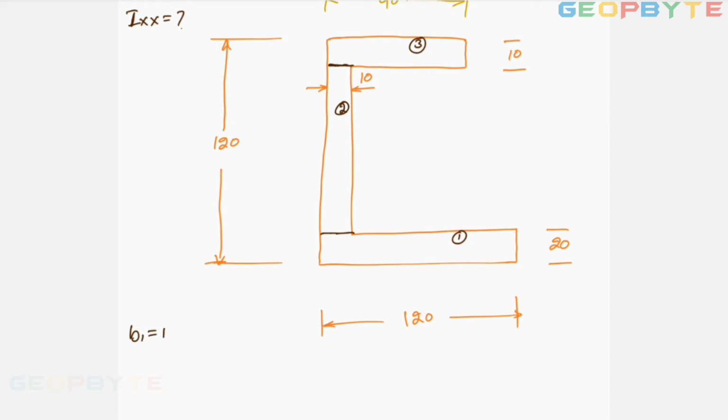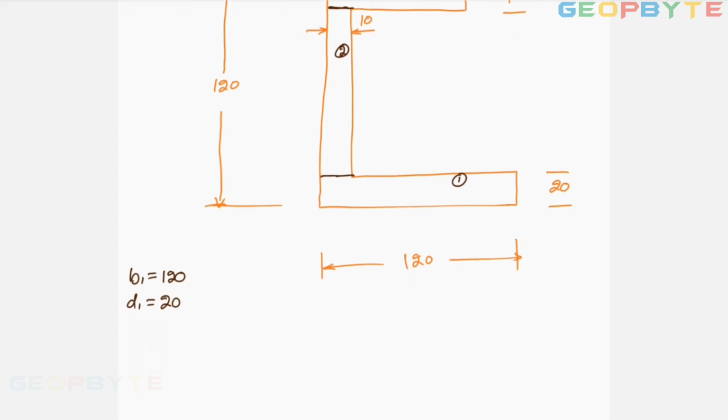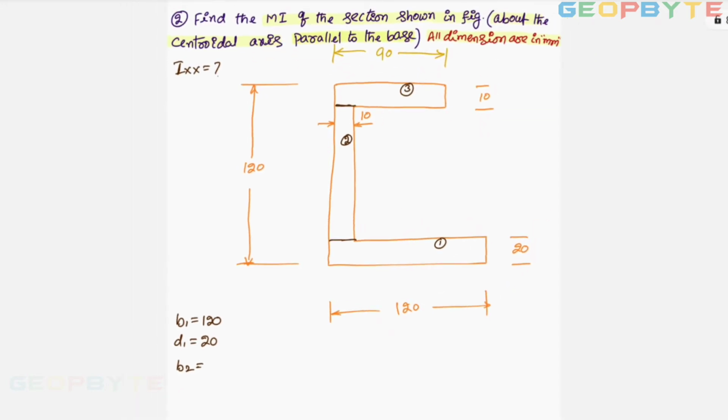B1 equal to 120, D1 equal to 20. Similarly, B2 equal to 10, depth for section 2, D2 equal to 120 minus 10 minus 20, it is equal to 90.